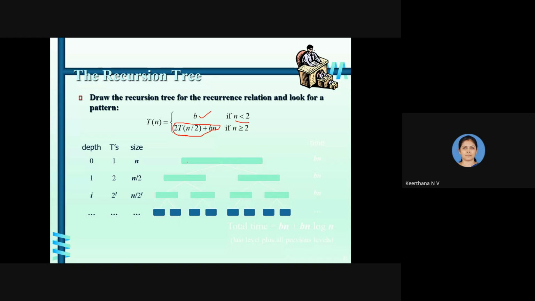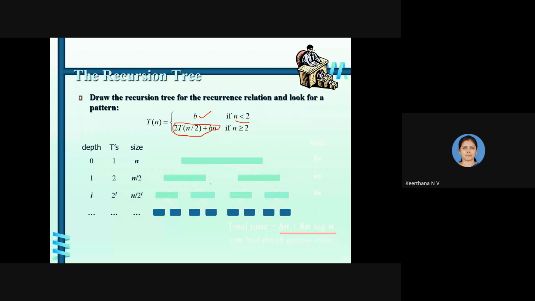First, you divide the number, and again you divide it. So this will be bn and bn squared, and it goes on. The total time is then calculated as bn plus bn log n.